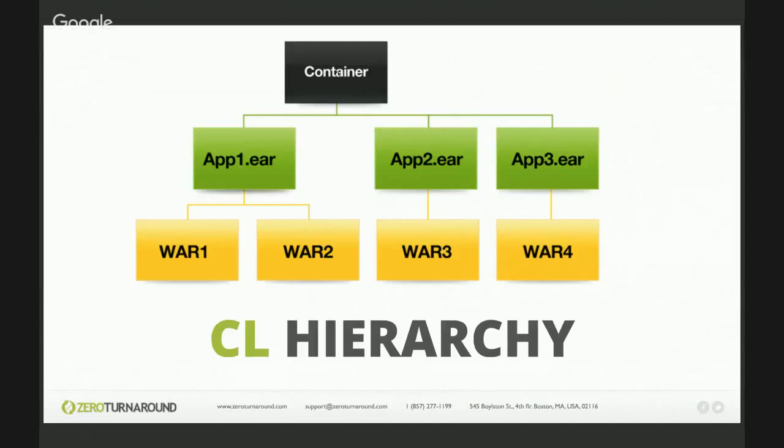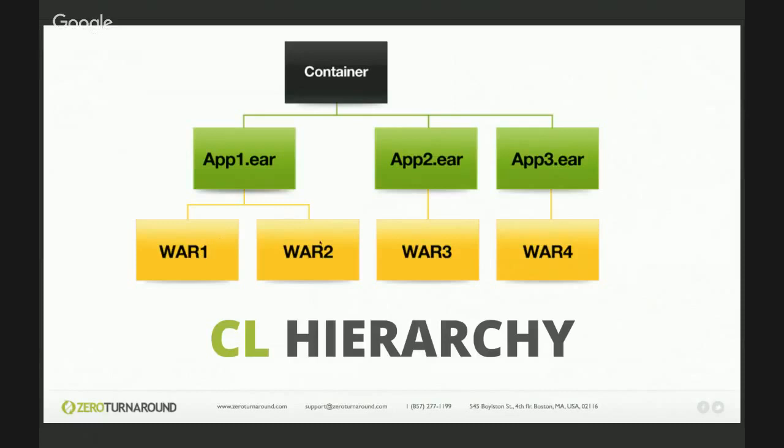So what happens when we actually introduce containers is we have our container class loader at the top, which is effectively something which you would expect, if this was say Tomcat, to load our lib directory jars and that kind of thing. If we had an application sitting on that, we would have an enterprise archive style class loader, so an application class loader.